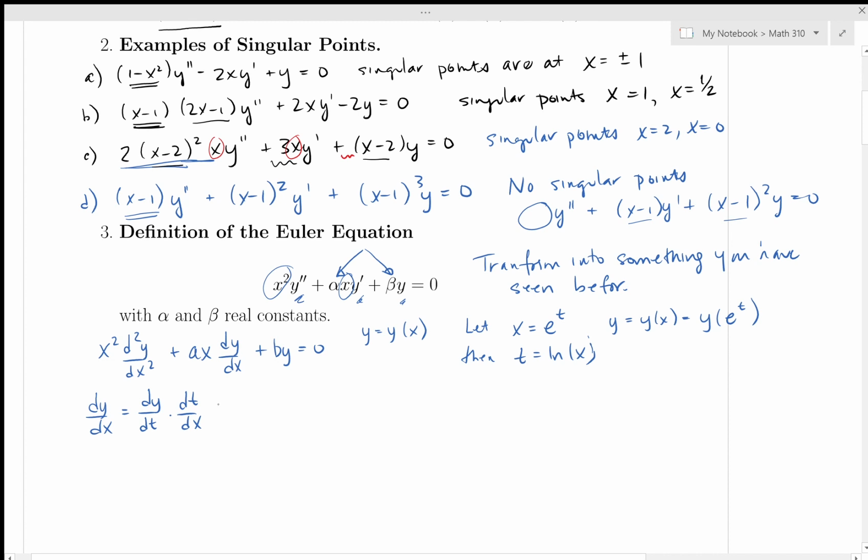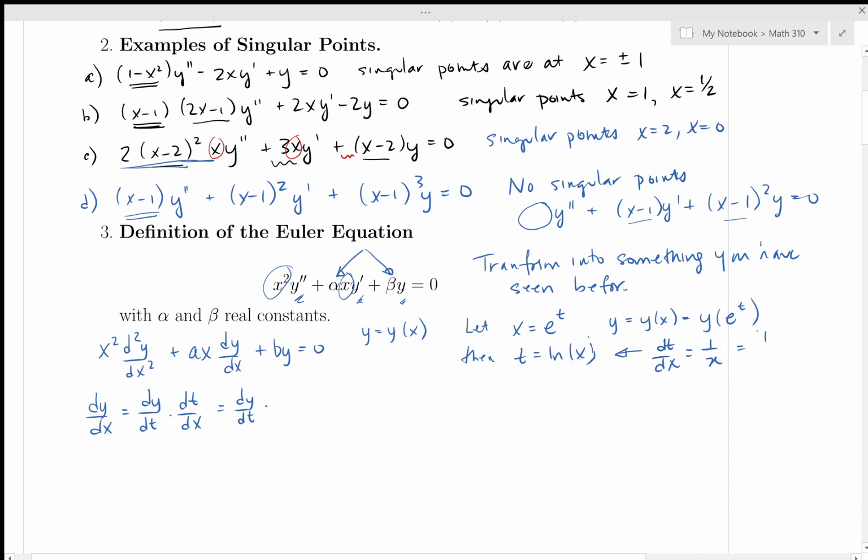And that is going to be dy by dt, and then what is dt by dx? There would be a couple of ways I could do that, but I have it sitting right here. I take the derivative of t with respect to x and get 1 over x, but I know what x is. X is e to the t.